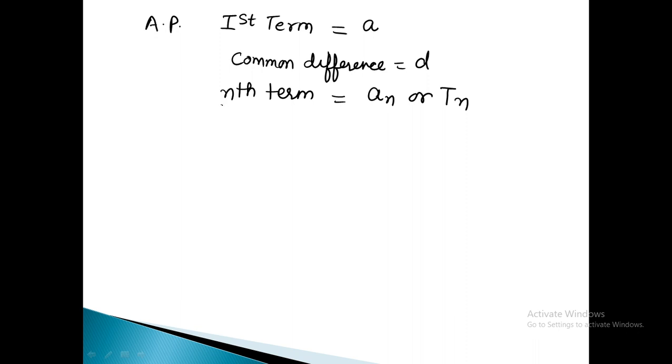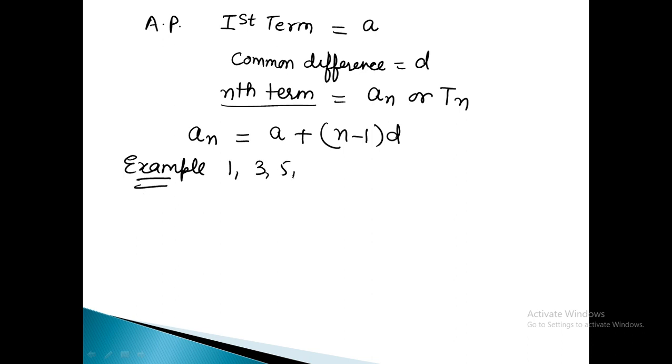For calculating the nth term, the formula is AN is equal to A plus (N minus 1) times D.